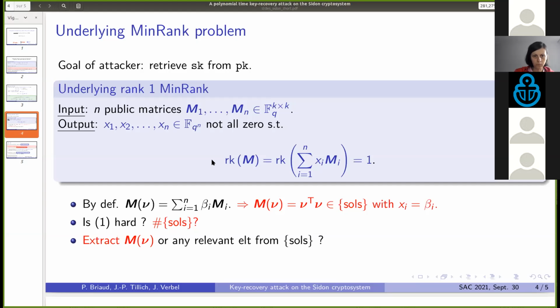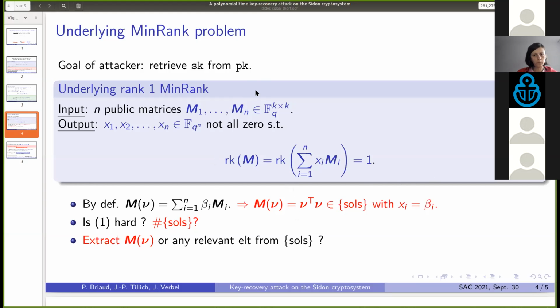So why is this relevant here? Because the secret matrix M_NU from before, if you use your identity, is a solution to this problem with x_i equal beta_i. So in fact, to assess the security of the scheme, we have to evaluate if this instance is difficult to solve.